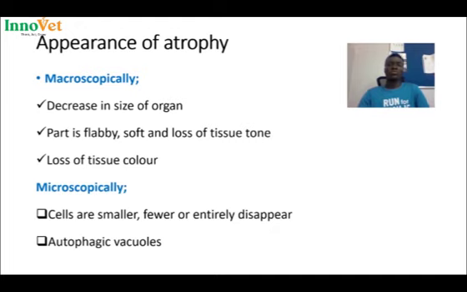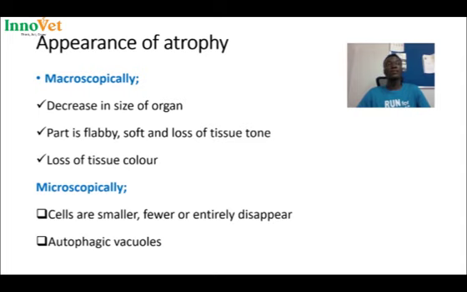So, what is the appearance of atrophy? Macroscopically, or grossly, what we can see is that there will be a decrease in size of the organ. But of course, this is not the primary way of determining that it is atrophy. Then also the atrophied area will be flabby and soft, and the tissue will lose its tone.